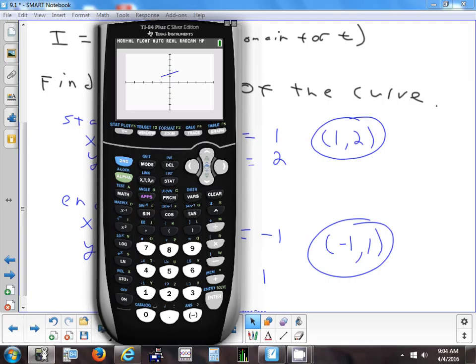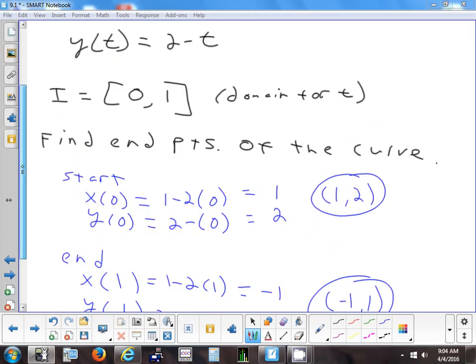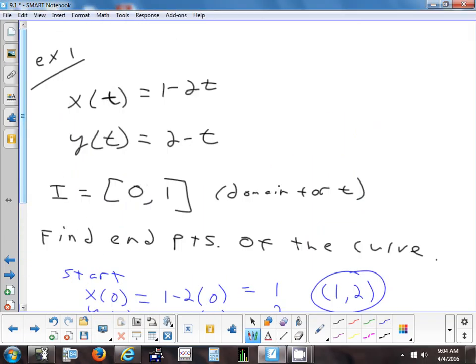So what do the T min and T max do? That controls where the sketch is going to happen. It's just like the start and the end. For example, if you changed it to start at 3, your x value would start at 1 minus 6, which is negative 5, and the y value would be 2 minus 3.